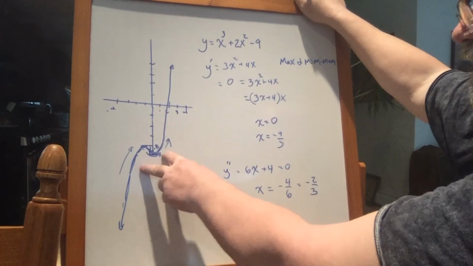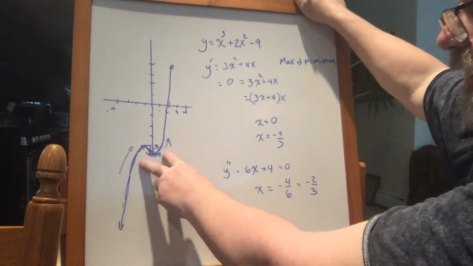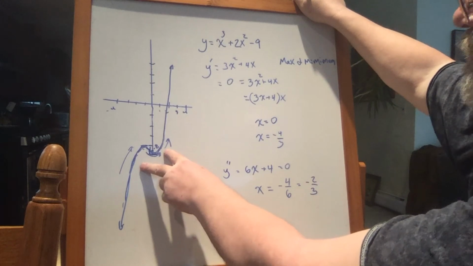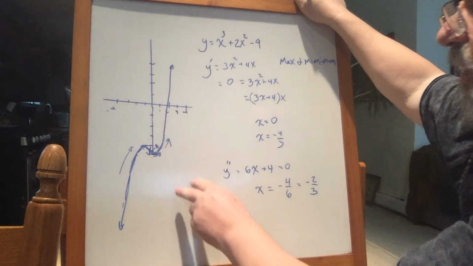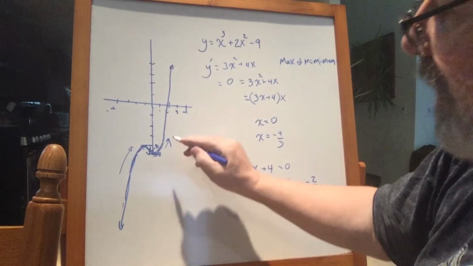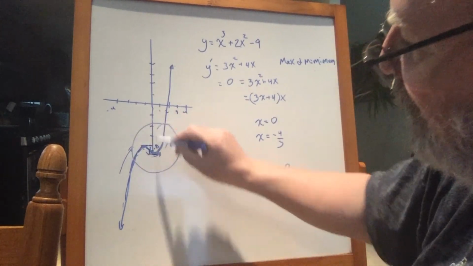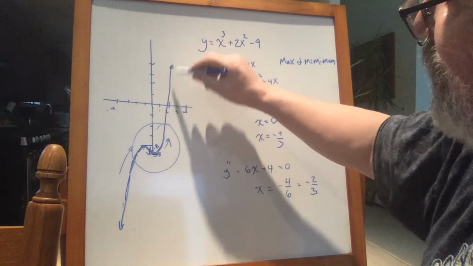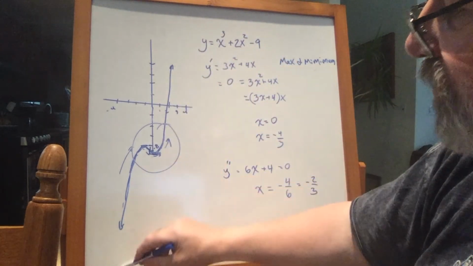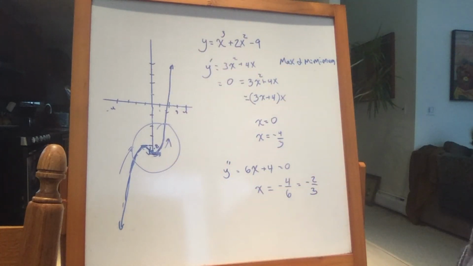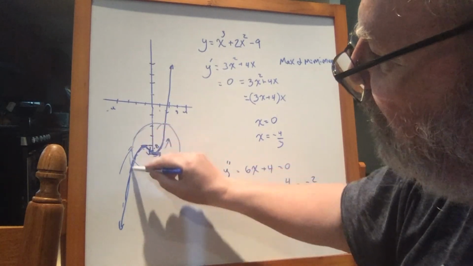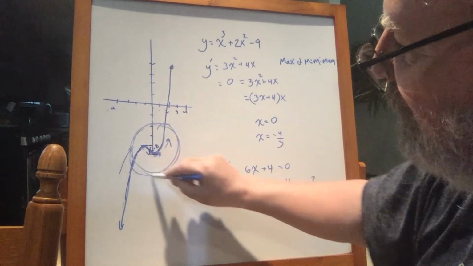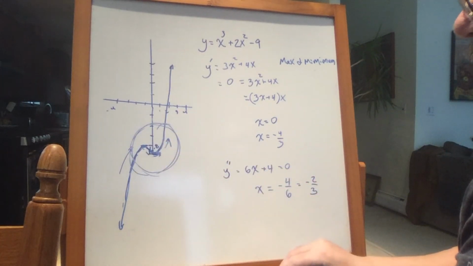What we're mainly interested in is the behavior of the function where it does something. And this is where it does something, right here. Everywhere else, it just goes up or it goes down, and it doesn't do anything interesting. It's only at this point here where it does something interesting.